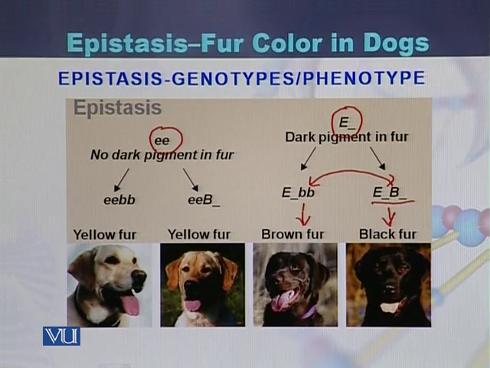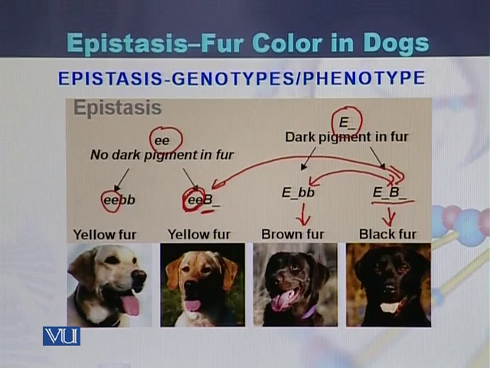But if there is a recessive e gene, although there is a dominant allele B for black, due to the effect of this recessive gene, the color of the dogs is yellow.